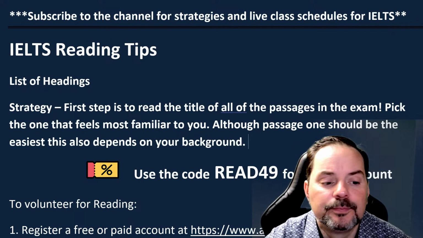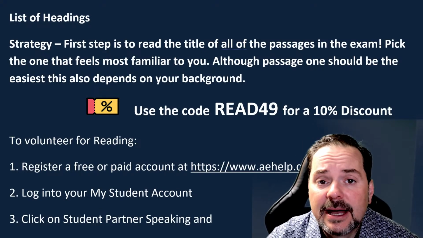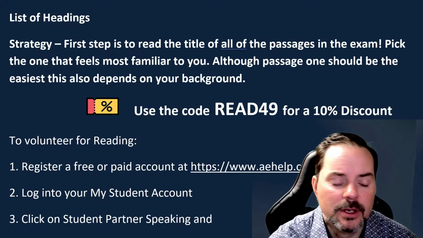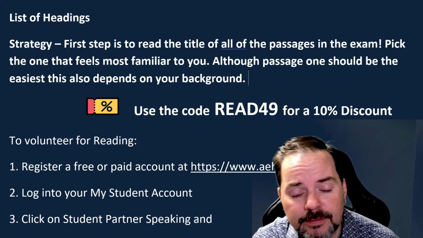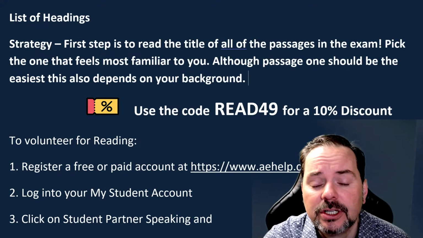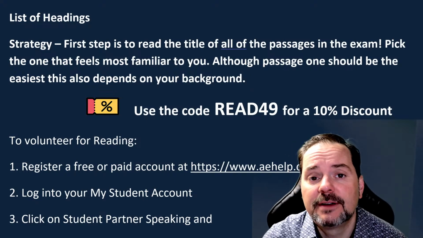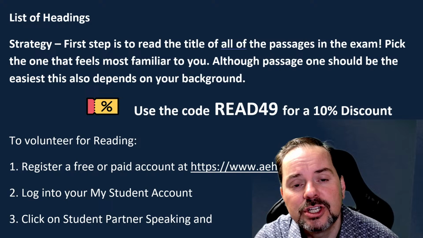So your first step in the reading section, everybody, is just read the title of all the passages. So in the general IELTS exam, you're going to have 6 titles. Section 1 will have 2 passages. Section 2 will have 2 short passages. And then section 3 will be 1 long passage, just like the academic IELTS passages. The academic IELTS passages will have 3 longer passages, about 1 2/3 page each, roughly.